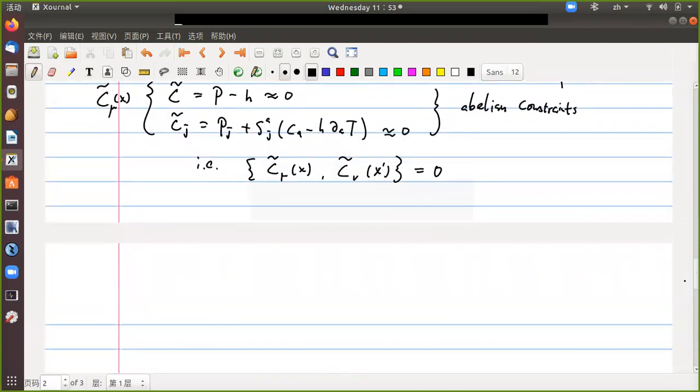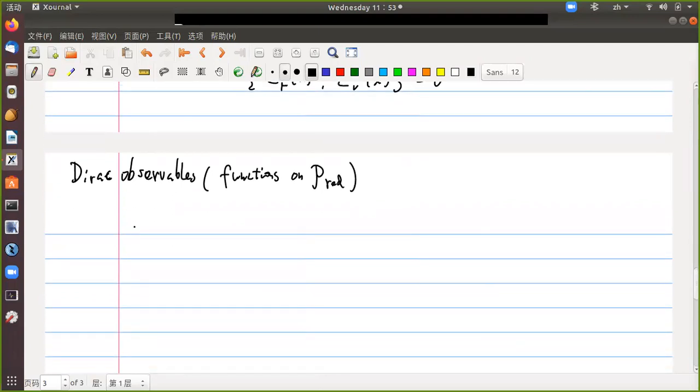All right. So let's construct Dirac observables. We need to find a way to construct all possible interesting Dirac observables, namely gauge invariant observables, or namely functions on the reduced phase space. Okay, so now how to construct them?